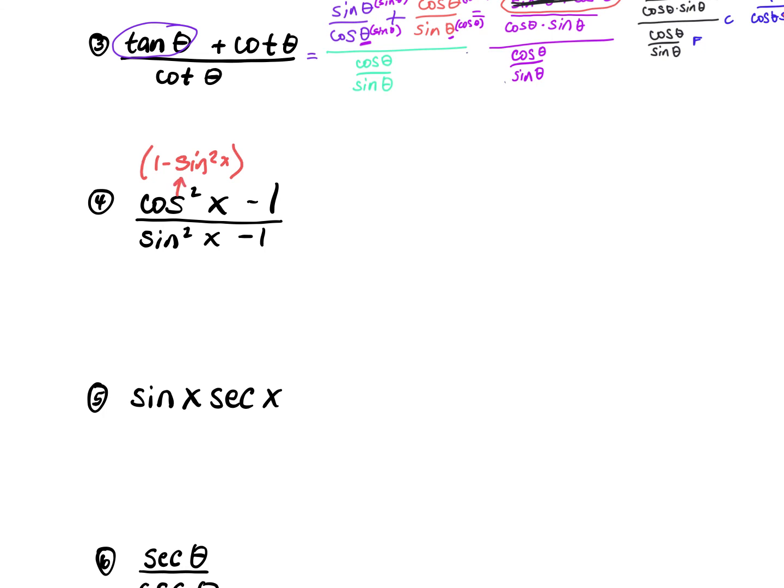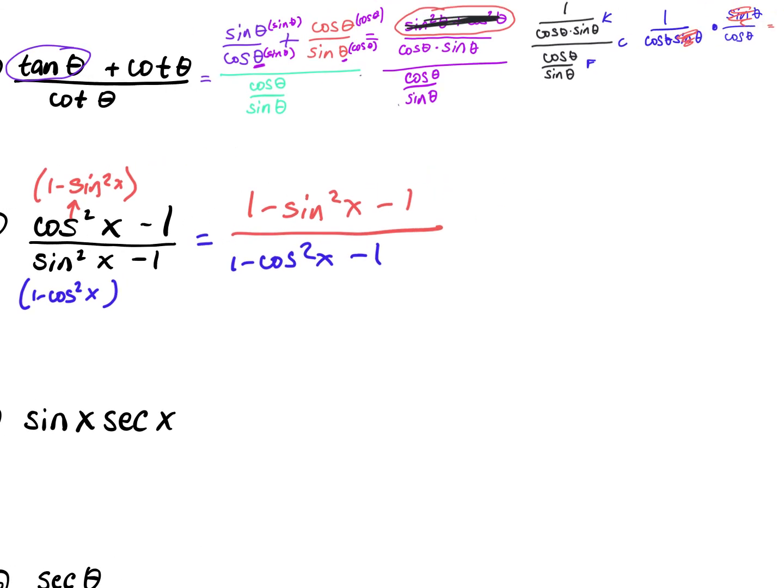What's sine squared the same as? 1 minus cosine squared. Okay, good. So I'm left with, in the numerator, 1 minus sine squared x minus 1 over 1 minus cosine squared x minus 1. So simplify. I have a positive 1 here and a negative 1. What do they do? Cancel. So I have negative.